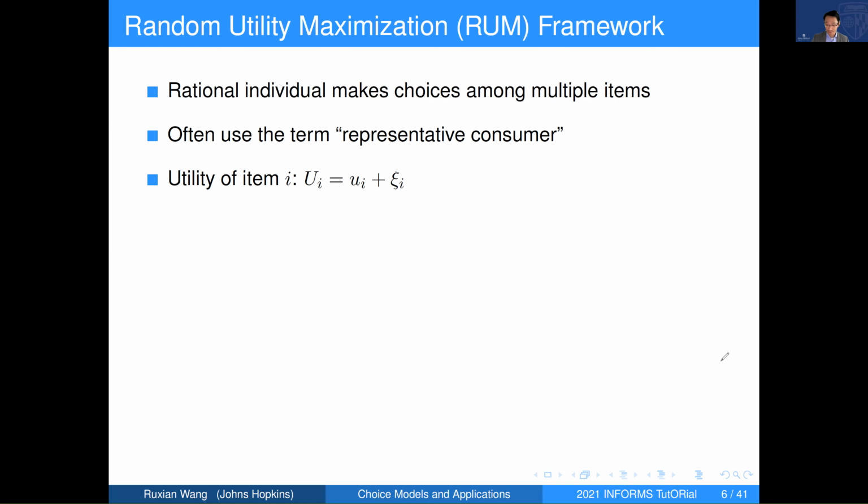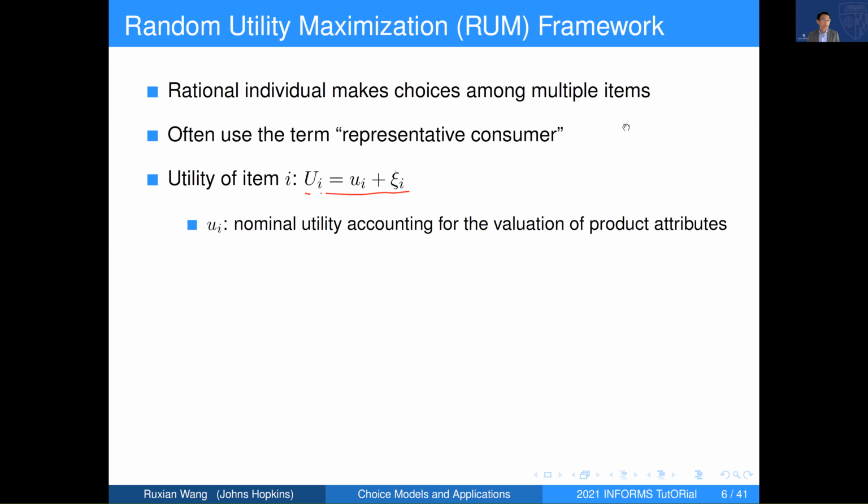Basically, it says the utility can be divided into two terms, u_i, little u_i, and xi_i. Little u_i represents the nominal utility accounting for the valuation of product attributes. And this term is deterministic.